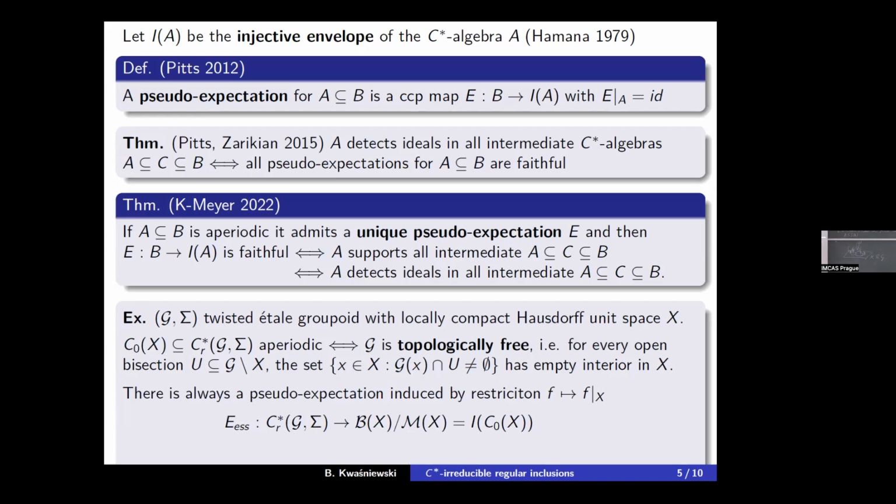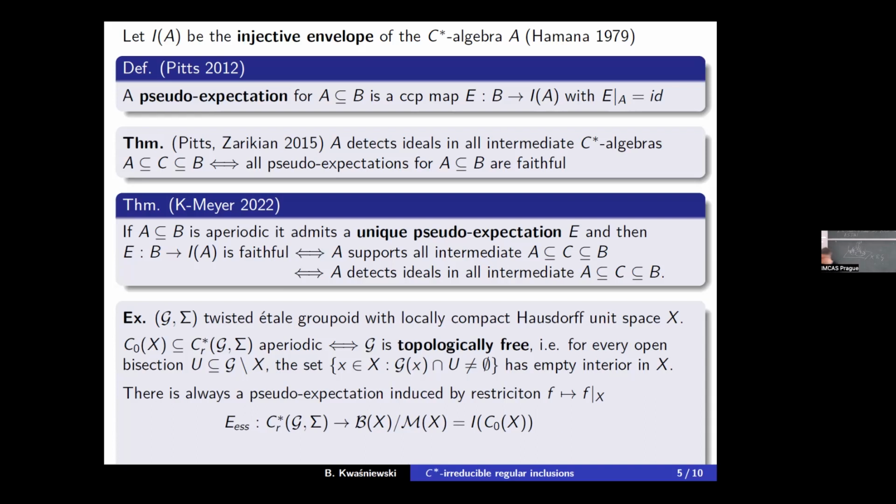We divide the space of bounded Borel functions by the set of bounded functions that are supported on meager sets. And so this is a nice C*-algebra. This is called the Dixmier C*-algebra because Dixmier was the first to consider this. And luckily, this algebra is exactly the injective envelope of our commutative C*-algebra.